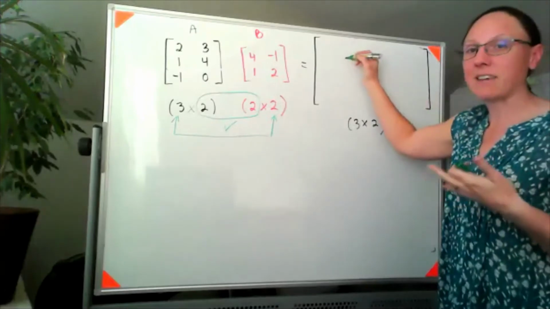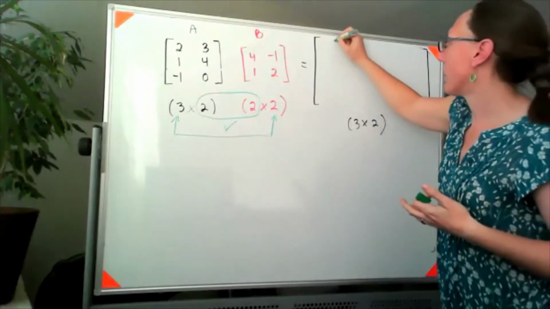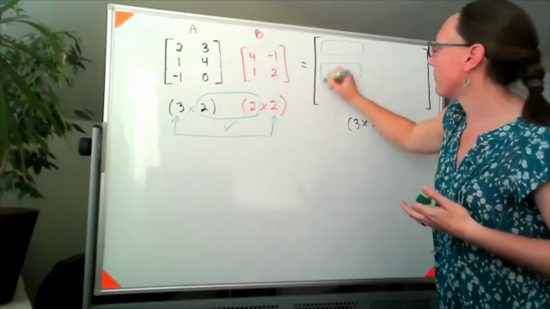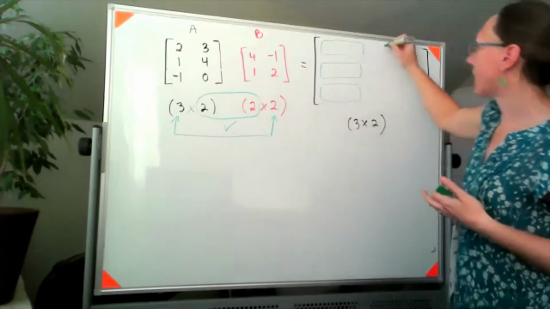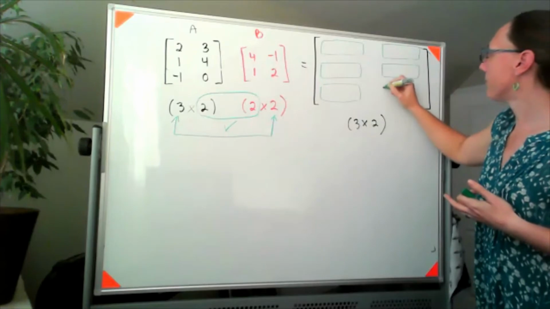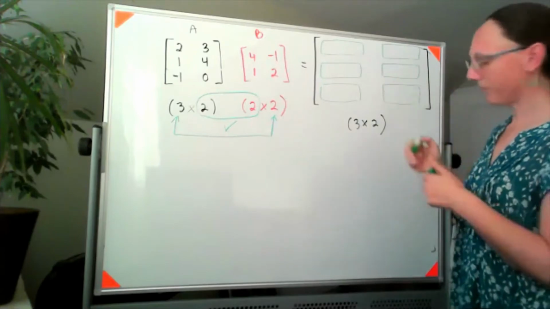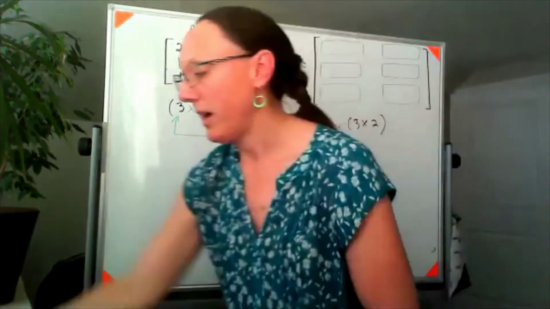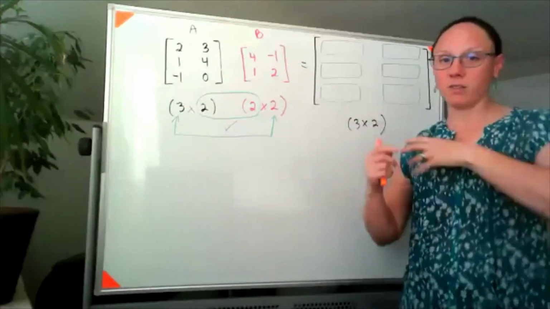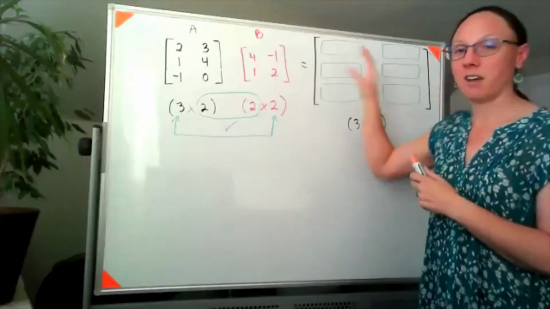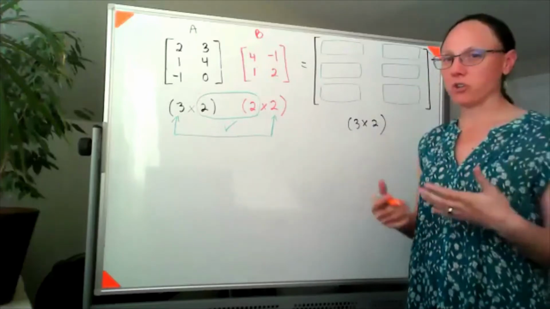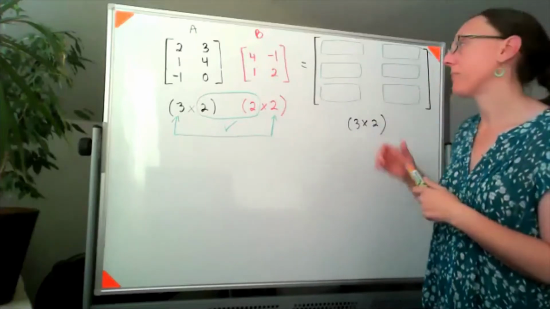So I'm just going to give myself placeholders for 3 rows set into 2 columns. And after you've got the multiplication down, these steps that I'm doing, you probably wouldn't write out. I'm just writing them out to show it the first time.